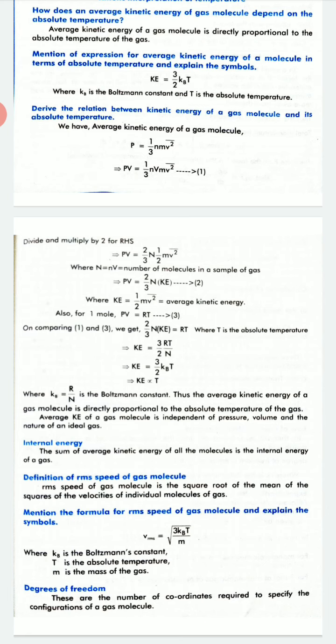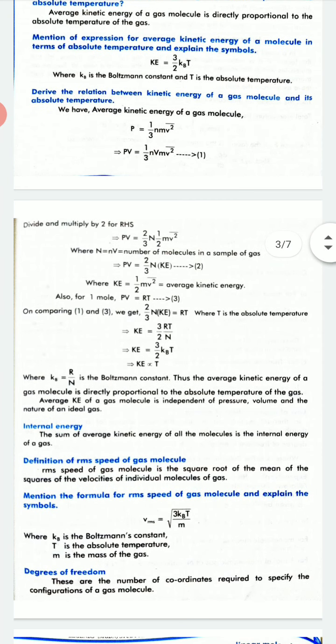Then after that, the definition of RMS speed of a gas molecule. What is meant by RMS speed of gas molecule? It is the square root of the mean of the square of the velocities of the individual molecules.